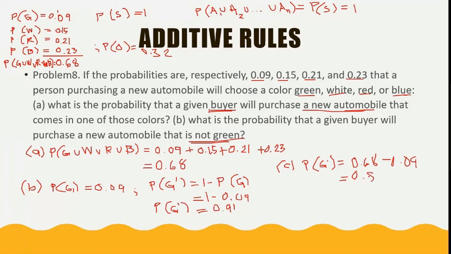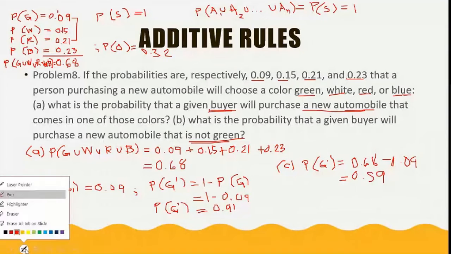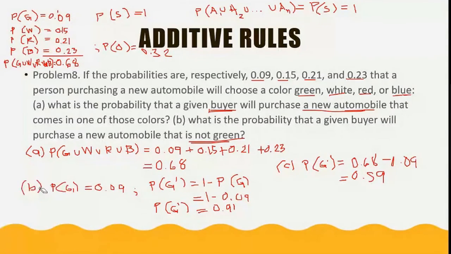Or we can just add the probabilities of the colors we do include, not green, but the other colors: white, red, and blue. So 0.15 plus 0.21 plus 0.23 is 0.59. Now you have to take note and be careful with how the statements are written.